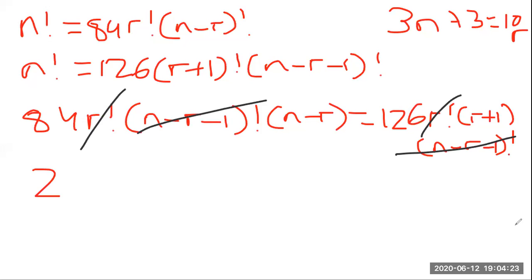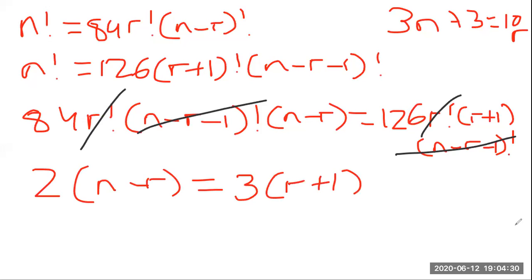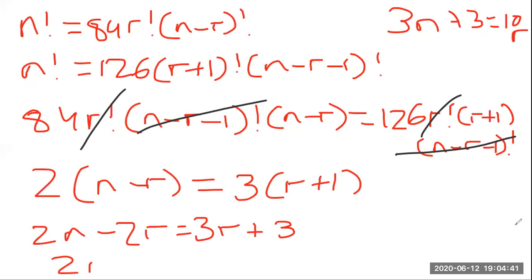You get 2 times n minus r is equal to 3 times r plus 1. So 2n minus 3 is equal to 5r.